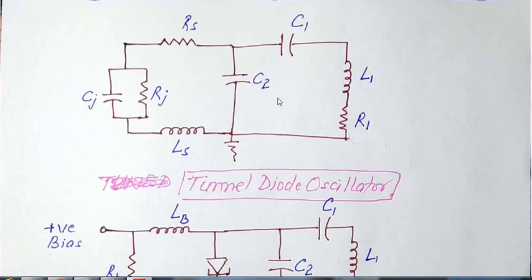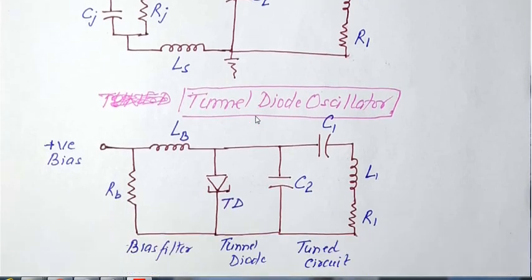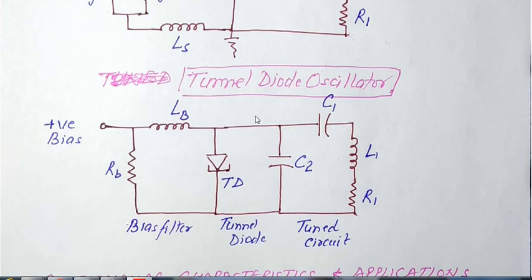Also the capacitive tapping is more suitable than the inductive type because the inductive type produces superior modes of oscillation. Coupling of the diode to the cavity or the resonator and coupling of the bias circuit are two practically important considerations.